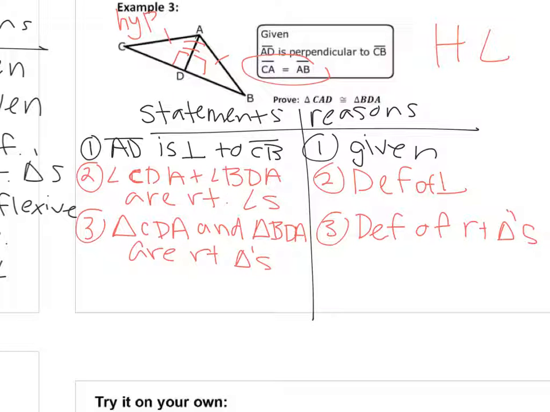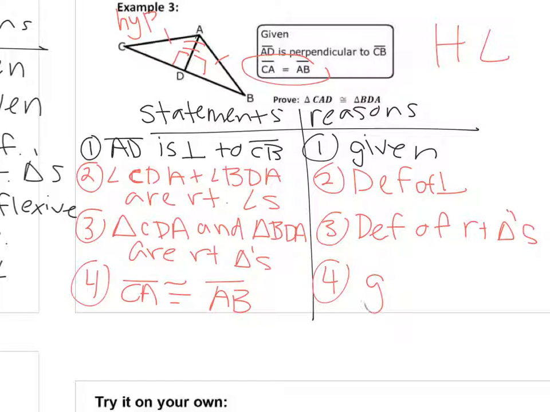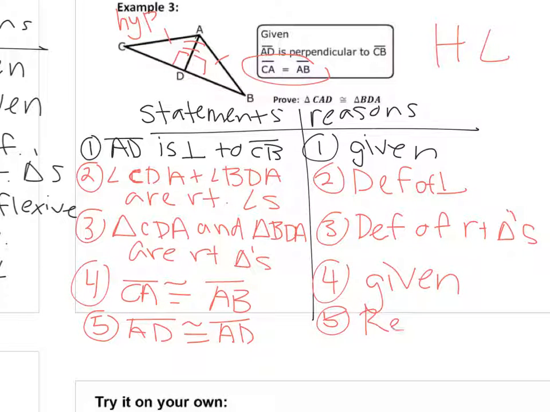So I have another given that I haven't put in the proof. So I can say CA is congruent to AB, given. I can then say that I know that the reflexive AD is congruent to AD, reflexive property.